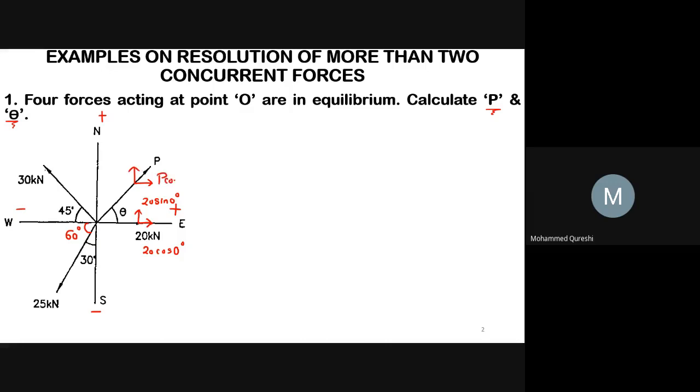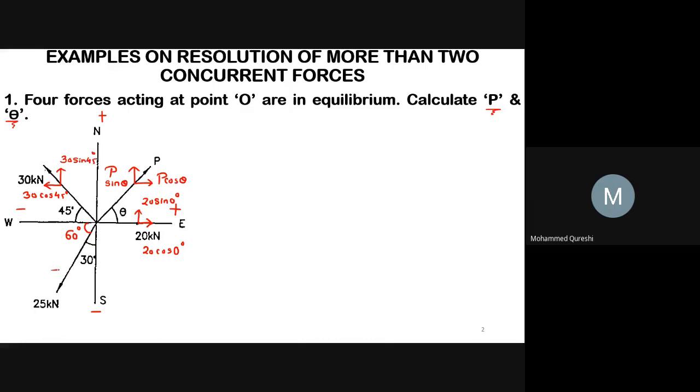The horizontal component will be P cos theta, and the vertical component will be P sine theta. Here again 30 kilonewton will resolve in two components, 30 cos 45, and here 30 sine 45 degree.